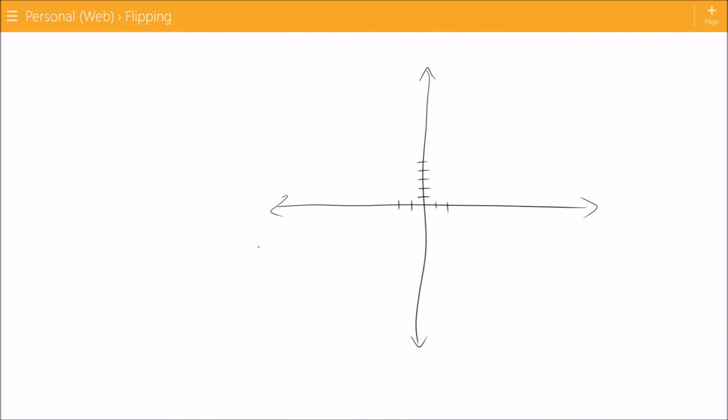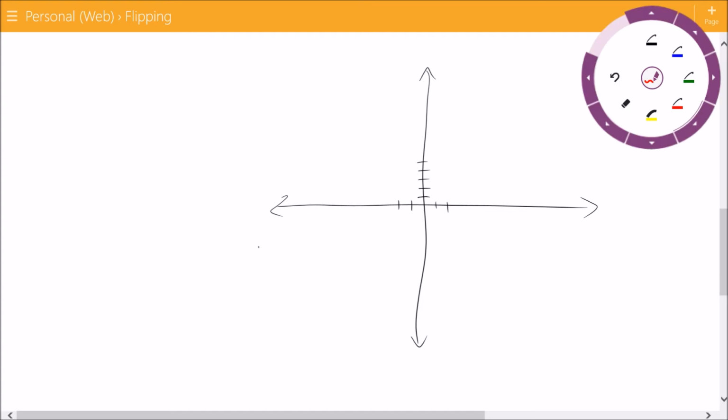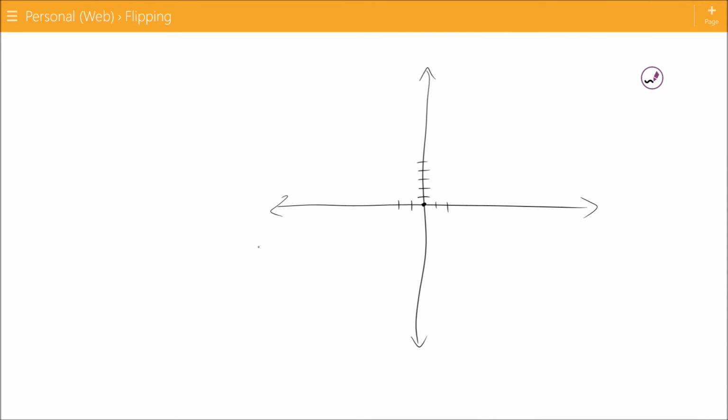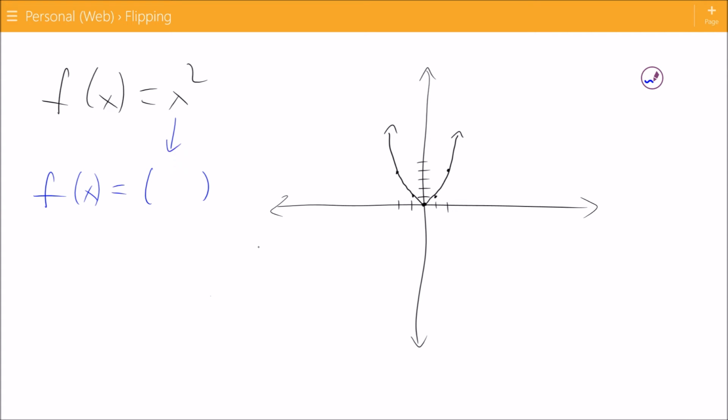Let's take a look at the horizontal. So to shift to the right, I'm going to do f of x is equal to, I'm going to use this space here where I did have x.